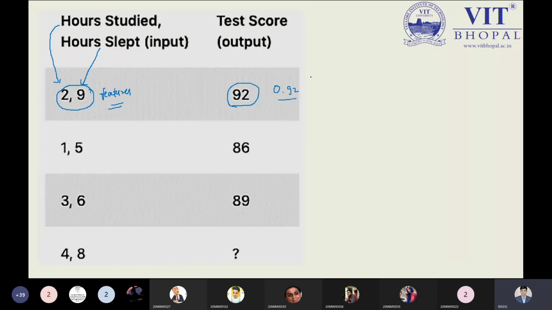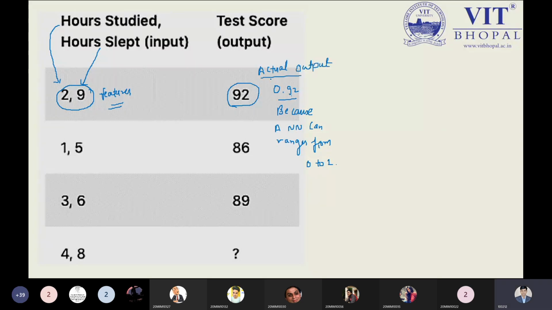Because it's a very clear concept: a neural network output ranges from 0 to 1. That's why we write 0.92. So this is what is known as our actual output.